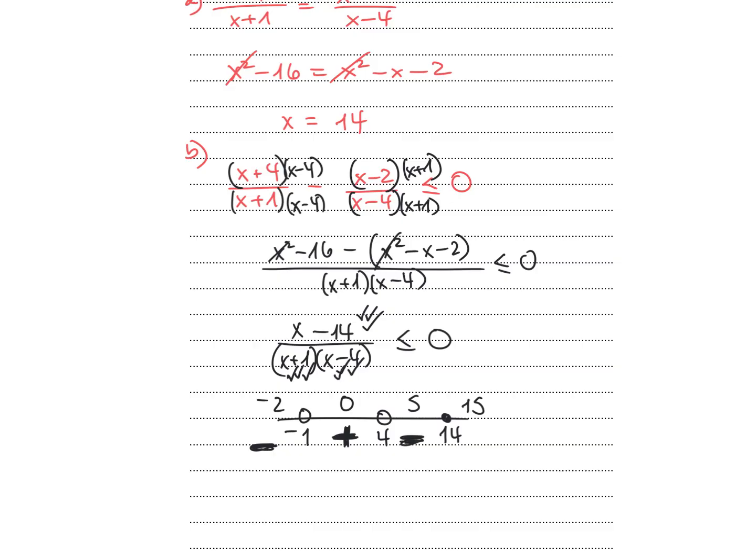So this is a negative. And 15 is positive, positive, positive. So it's less than or equal to 0 before -1, but not equal to -1, or in between 4, not equal to 4, and 14, equal to 14.